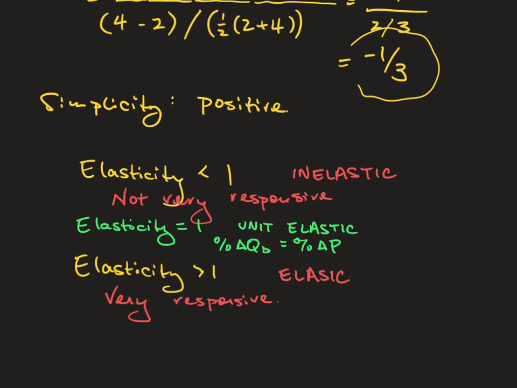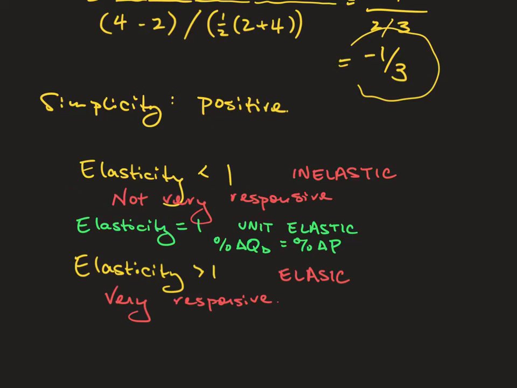A person setting a price wants demand to be inelastic. They do not want a large change in quantity demanded when they raise the price. When demand is inelastic, you can increase the price and revenue will go up.